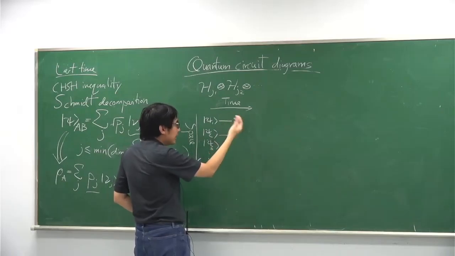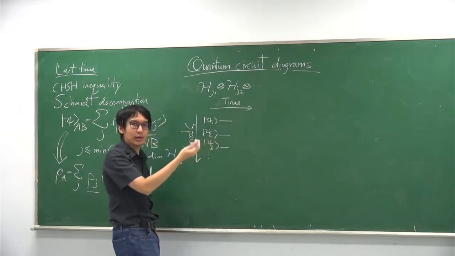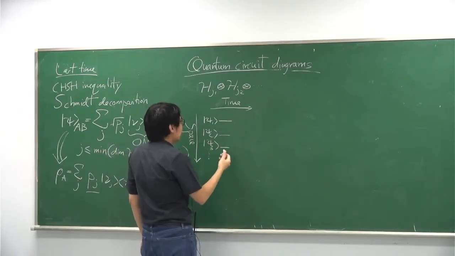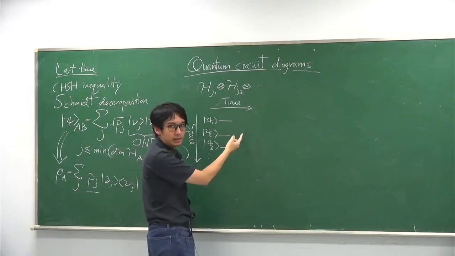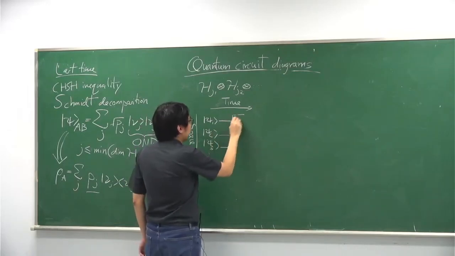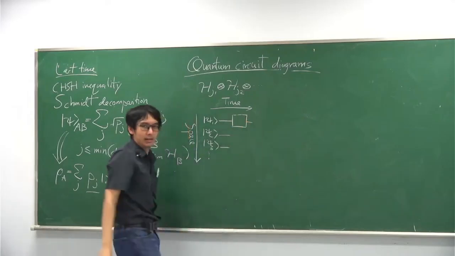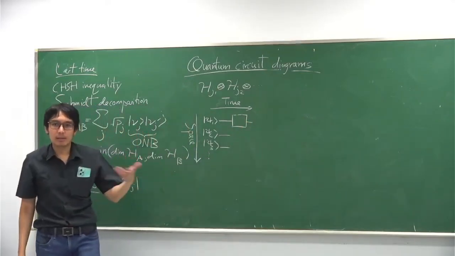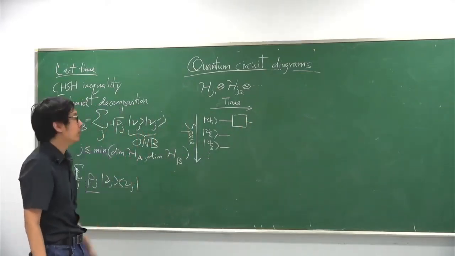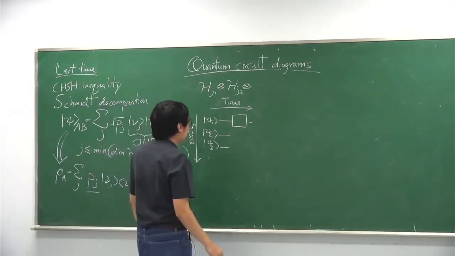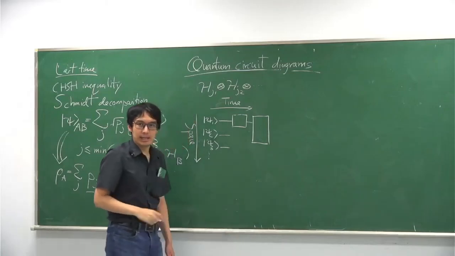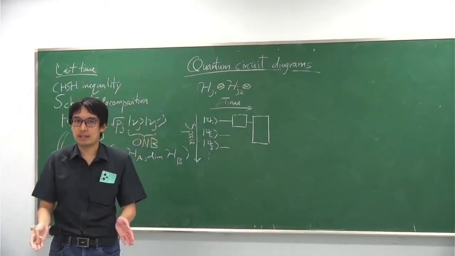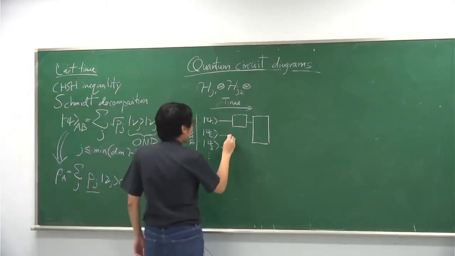And for every linear operator that you apply, say a linear operator only on the first system, I can write it as some kind of box that you can label, to tell people what is the operator that you apply. Or you can also apply operators that have support on more than one system, like this.